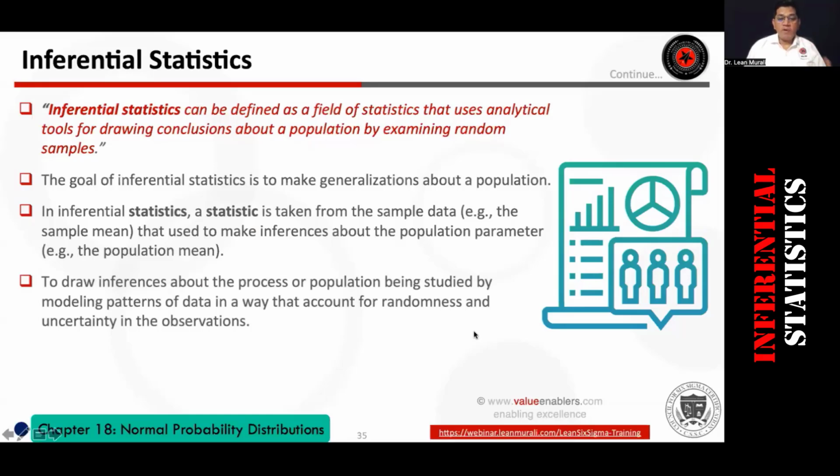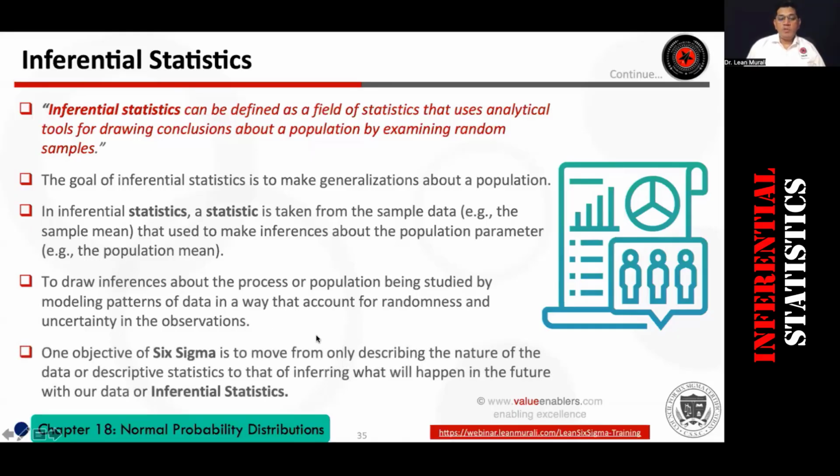So to draw inferences about the population parameter, it is studied by modeling the patterns and observations. So the objective of Six Sigma is to move from only describing the nature of the data, or descriptive statistics, to inferring what will happen in the future.